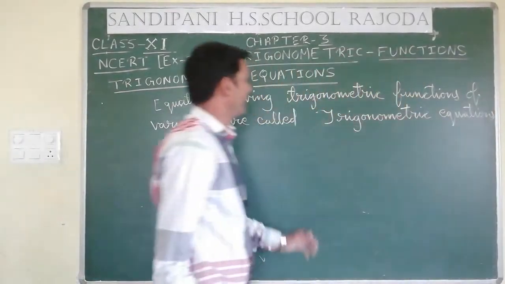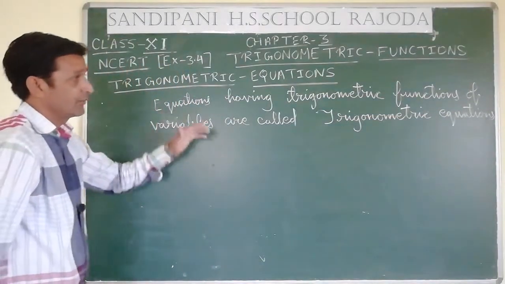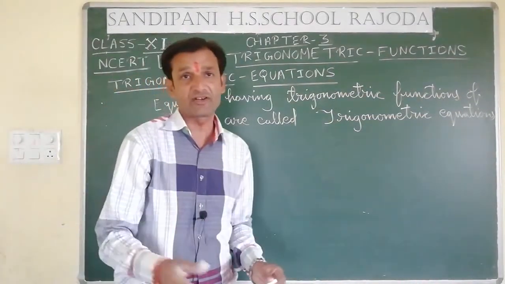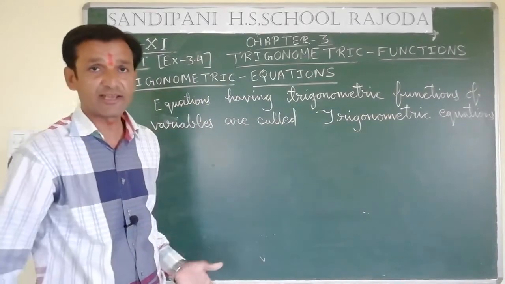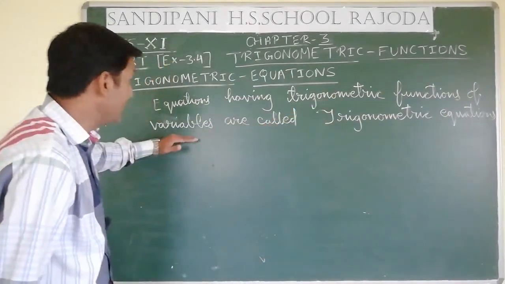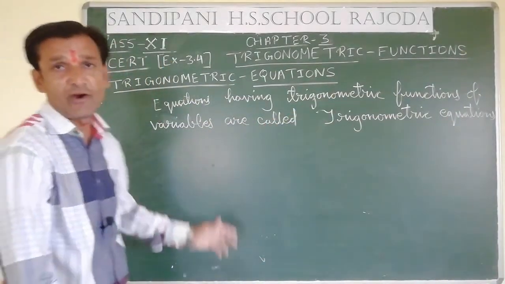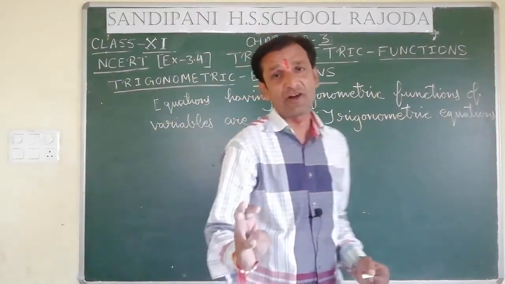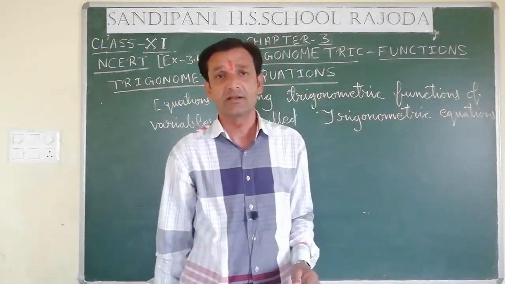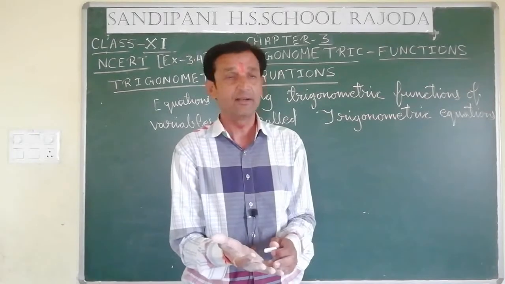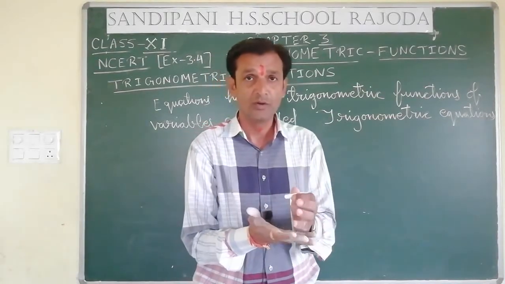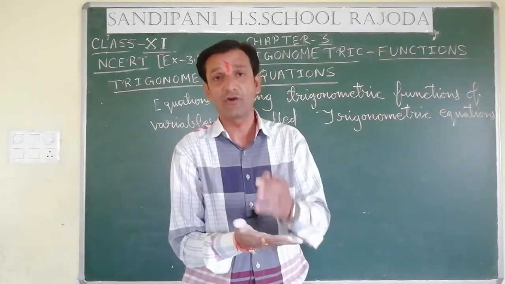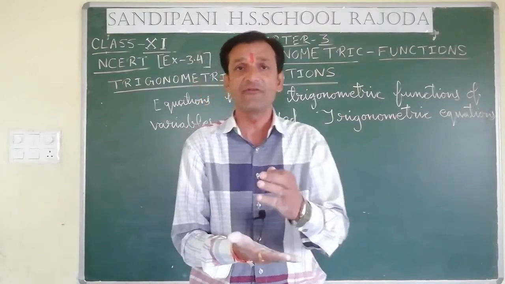Means we can say that equations which are having trigonometric functions, of course trigonometric functions are there, but it is of variables. Then what we have to do? If the trigonometric functions are having variables, then we have to find the value of that variable.